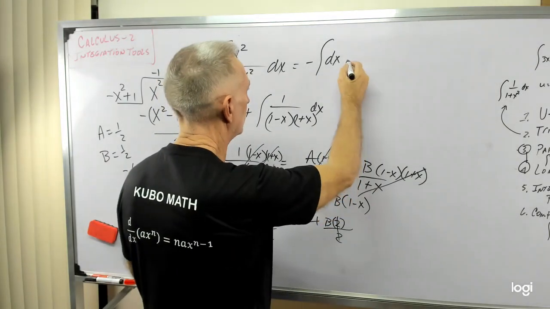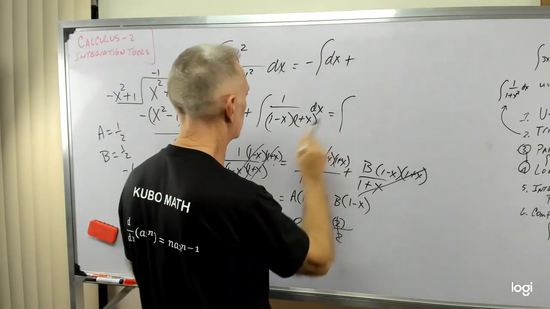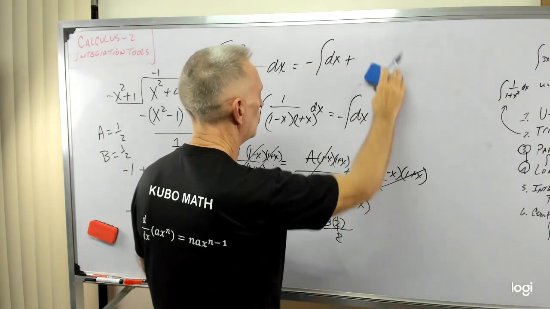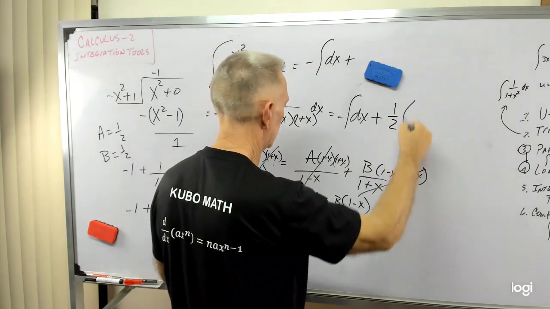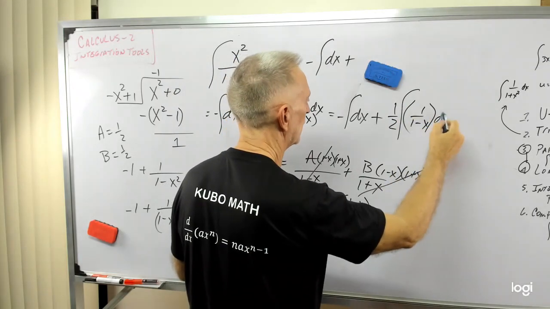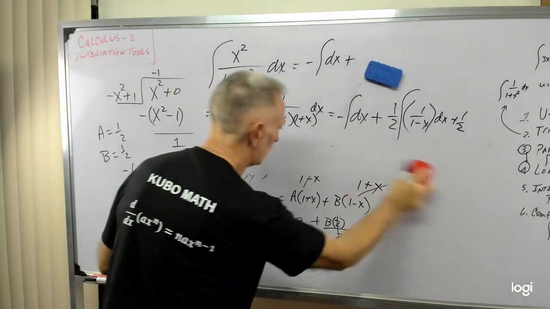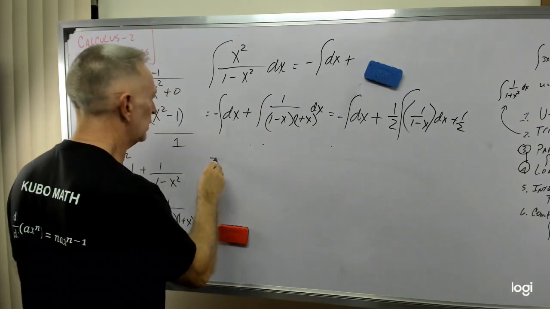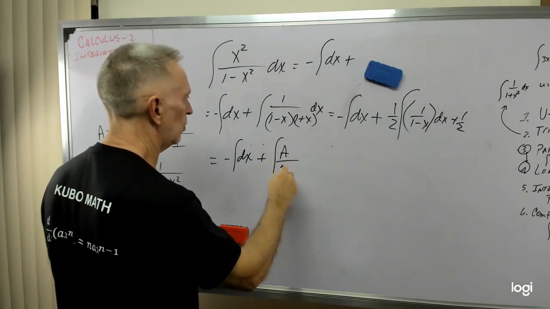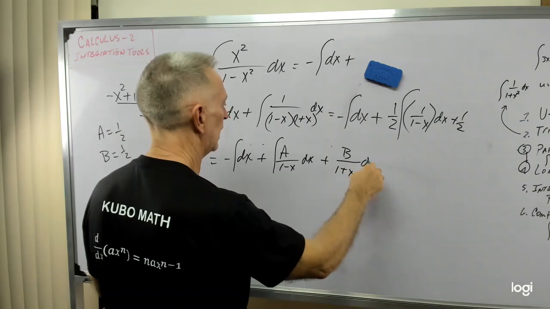Now then, we had before this integral, and we were saying that integral equals now minus the integral of dx plus a, the integral of a over 1 minus x dx, plus b over 1 plus x dx, as that integral.